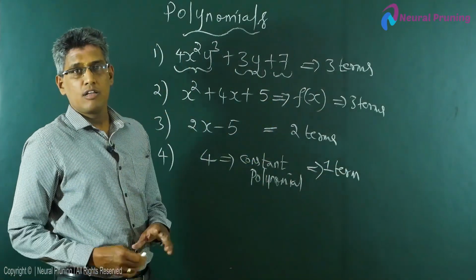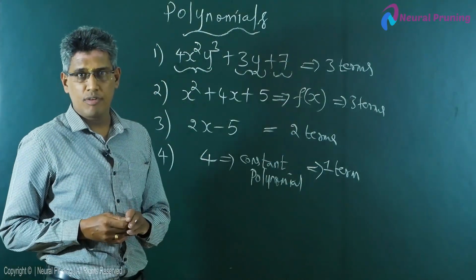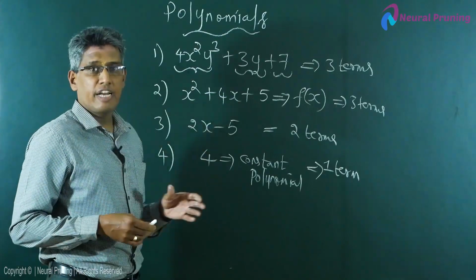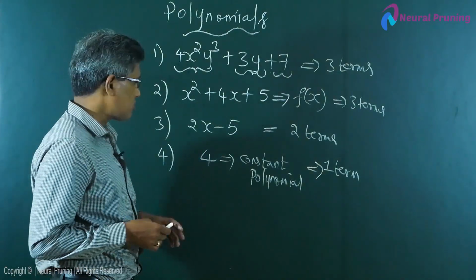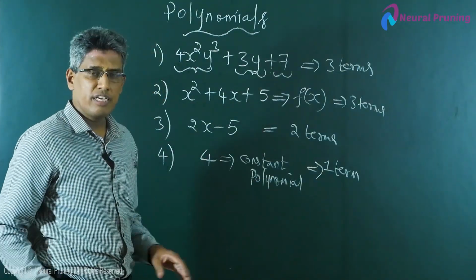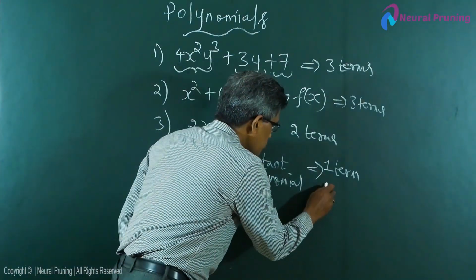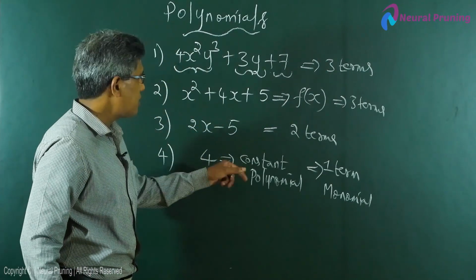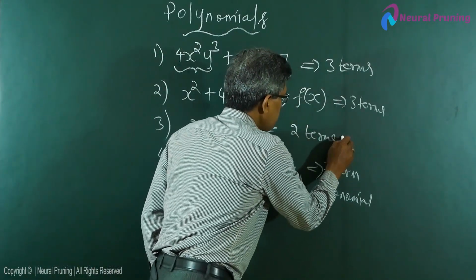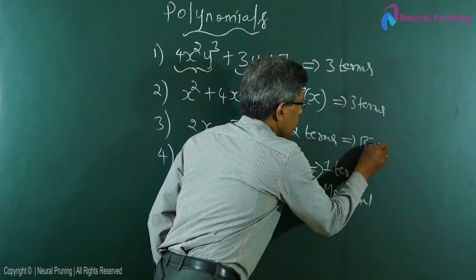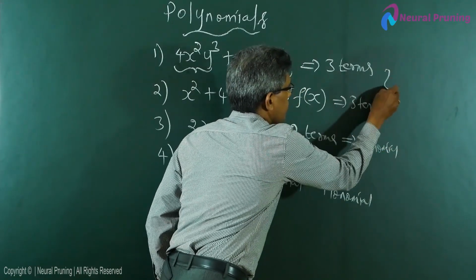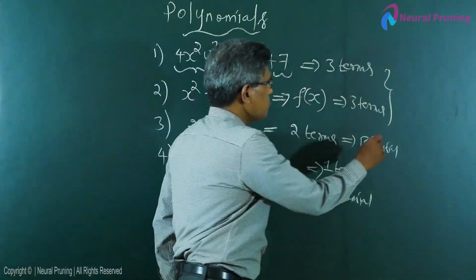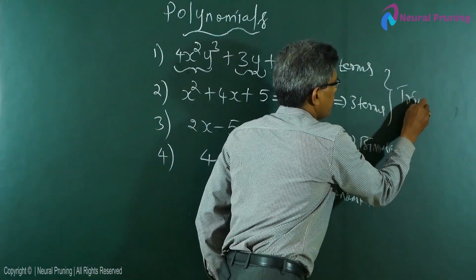Based on the number of terms available, we have different names for all these expressions. For example, if there is a single term in a polynomial, it is called a monomial. Then 2 terms, it is a binomial, and both of these examples have 3 terms each, so it is a trinomial.